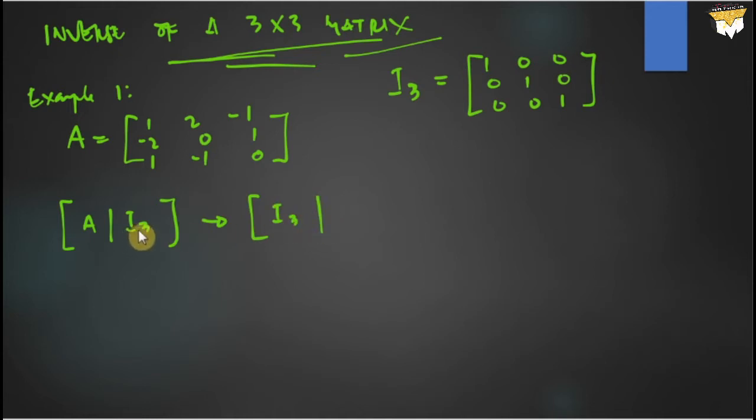At yung part ng identity matrix ay mapapalitan na ng inverse of matrix A. So, ito ang magiging result niya after we have performed the elementary row operations. So, actually, we're performing the Gauss-Jordan elimination.